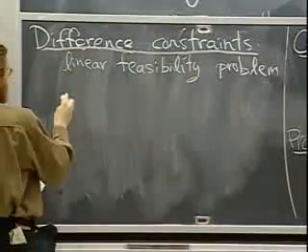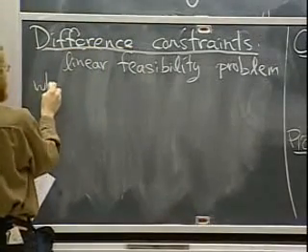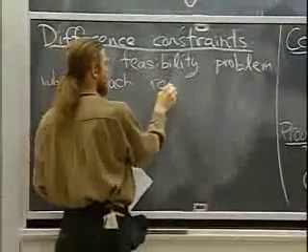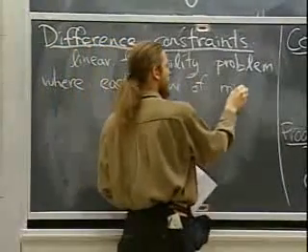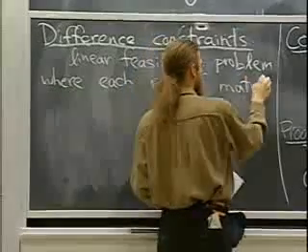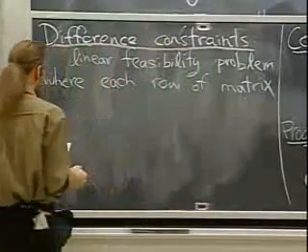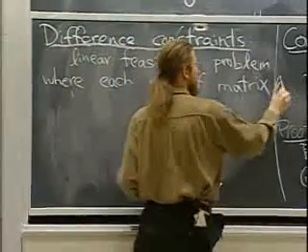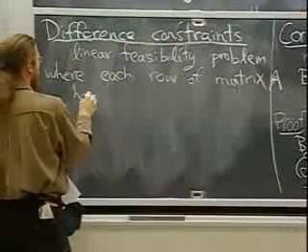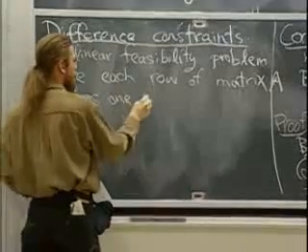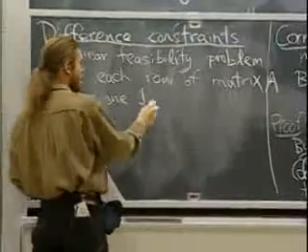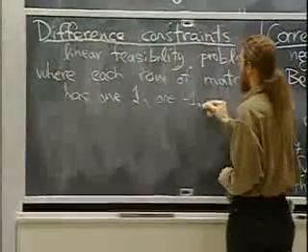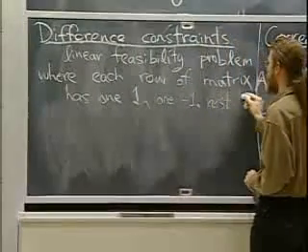And it's with a restriction, where each row of the matrix A has 1, and it has minus 1, and everything else in the row is 0.